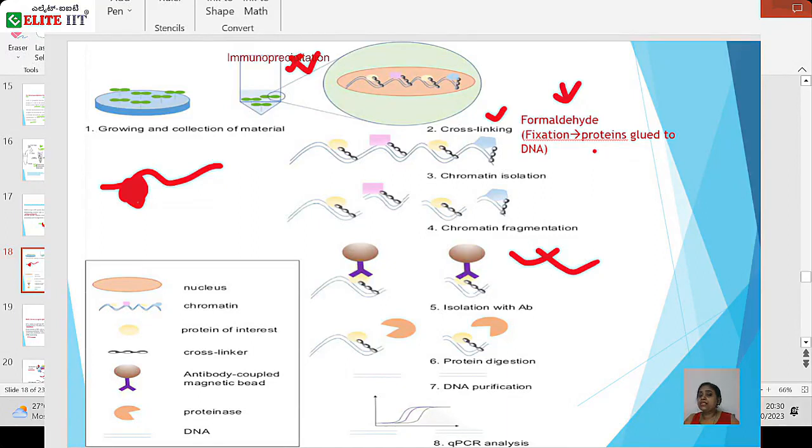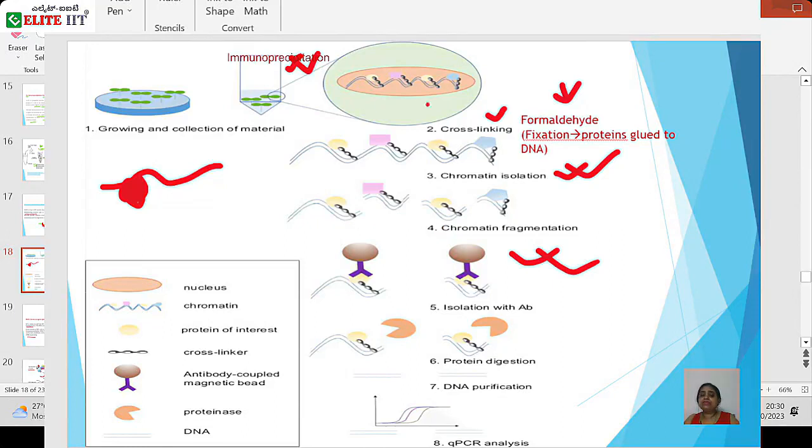So proteins are glued to DNA by adding formaldehyde. All the proteins, whatever unwanted protein and your protein of interest, everyone is attached with the DNA. Now next is chromatin isolation, in which fragmentation is done.